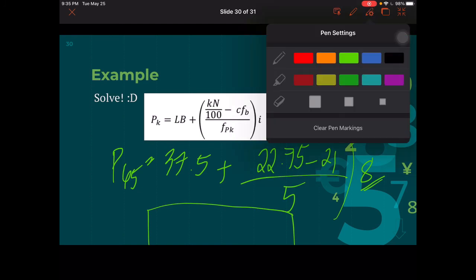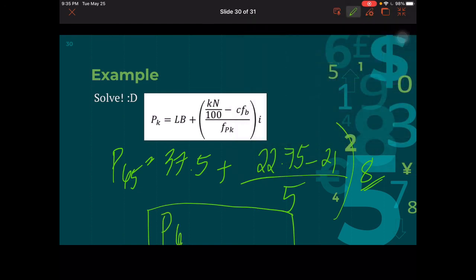What will now be our P65? So, 22.75 minus 21 divided by 5 times 8 plus 37.5. There we go. 40.3. So, yan lang po.